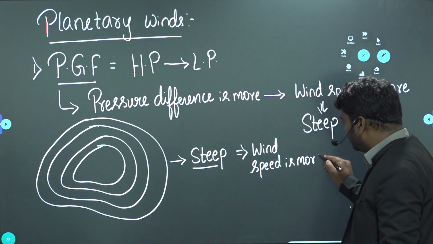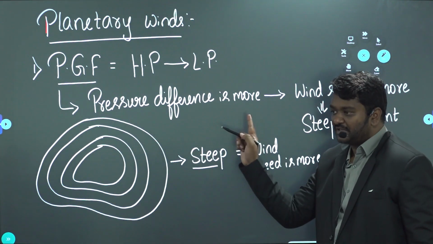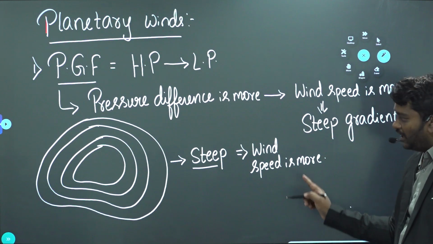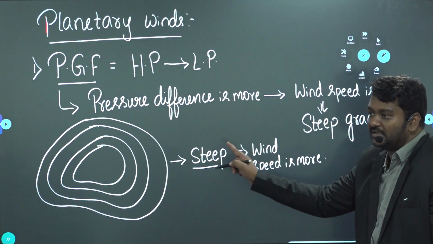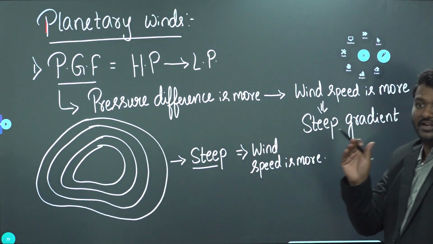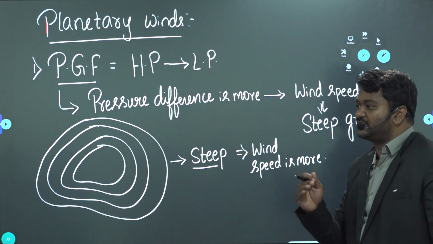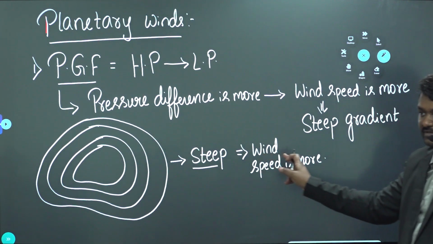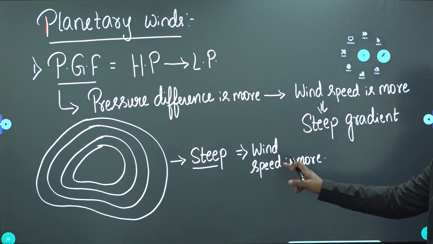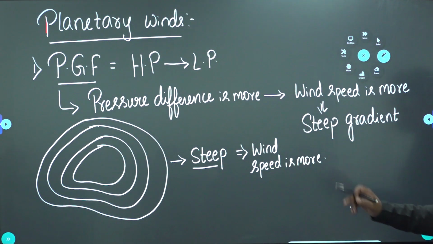So the question will be, from pressure gradient force, whenever isobars are closely arranged, it indicates steep slope. And if it indicates steep slope, wind speed is high. That is the first thing that you learn from isobars.